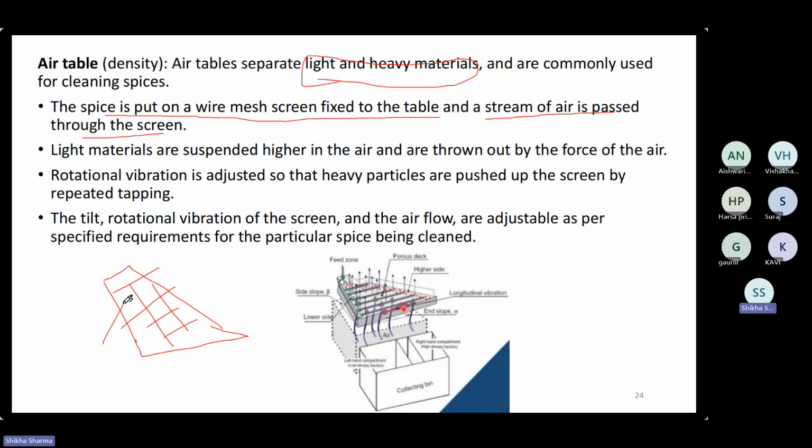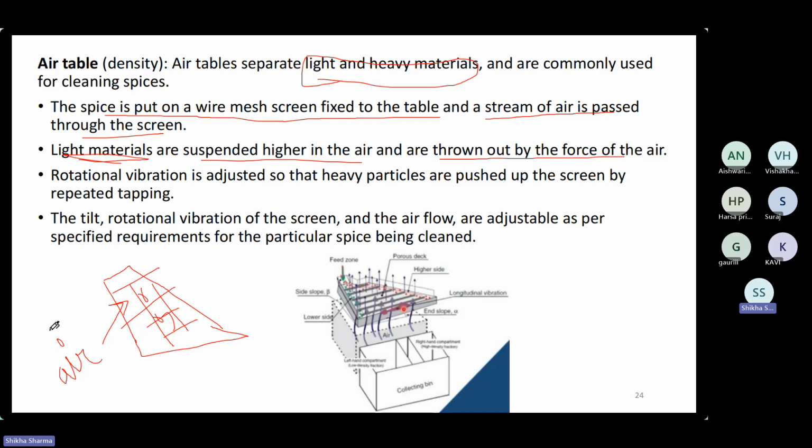So here air will also be there, and the product will be on the mesh. Because air is there, light particles will be suspended higher in the air, and they will be forced out by the air.